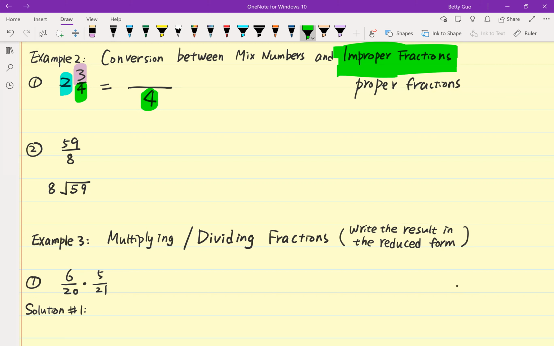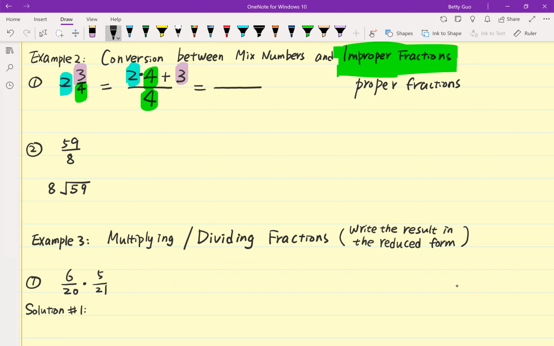The numerator would be the whole number part, which is 2, right? Multiplied by the denominator, which is 4. So blue times green. And add the product to the numerator, the purple. That's going to be the numerator of the improper fraction.